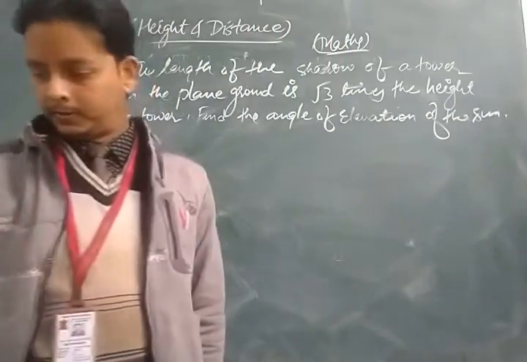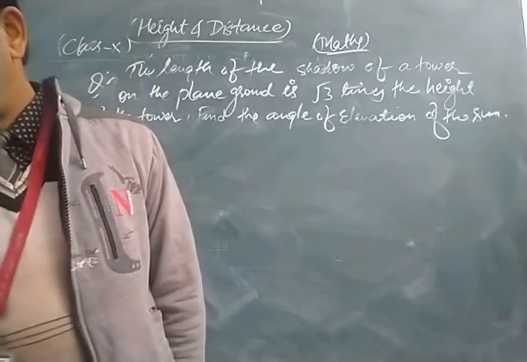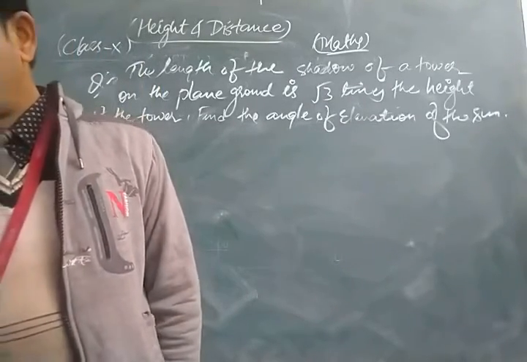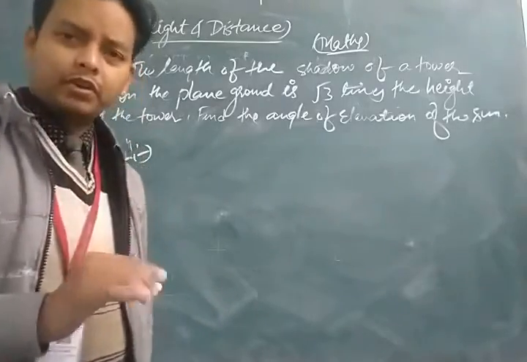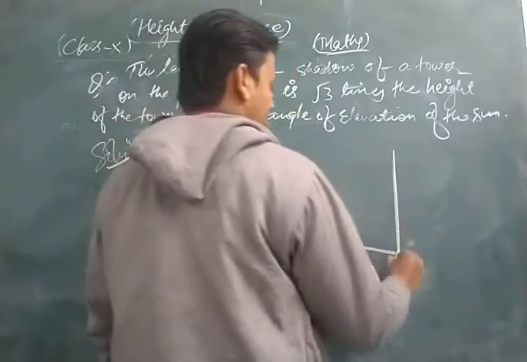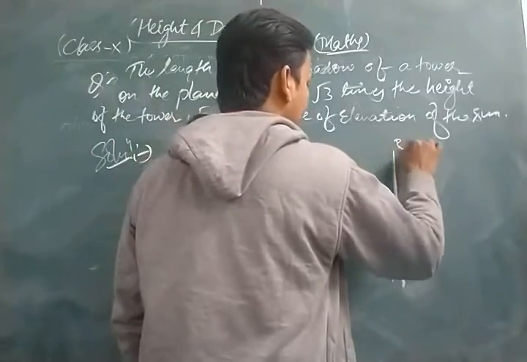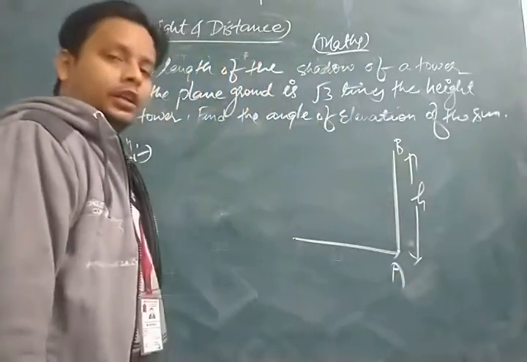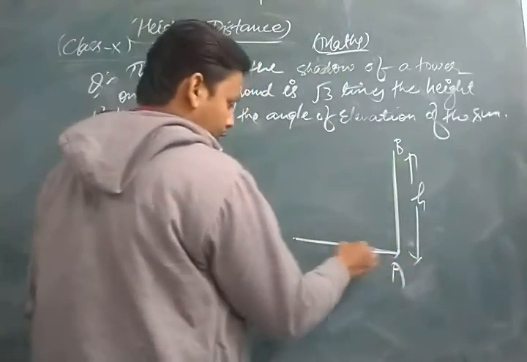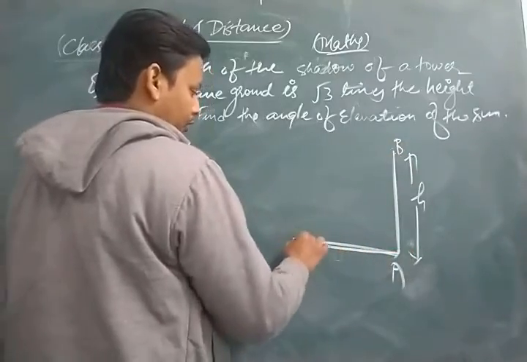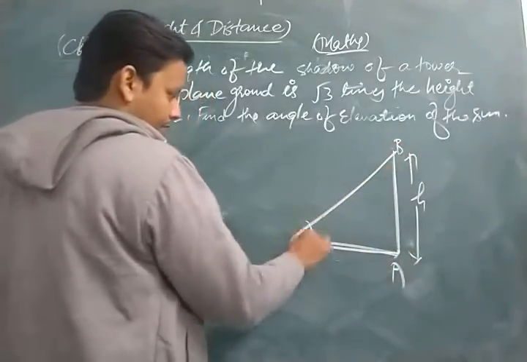Now look. First of all, we draw a horizontal surface and this is the tower. Let us take AB as the tower and let its height be h. The length of its shadow is AC. And this is the angle of elevation.